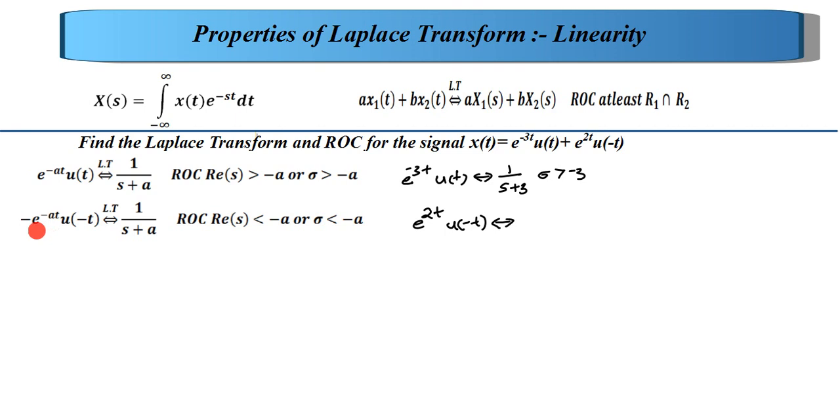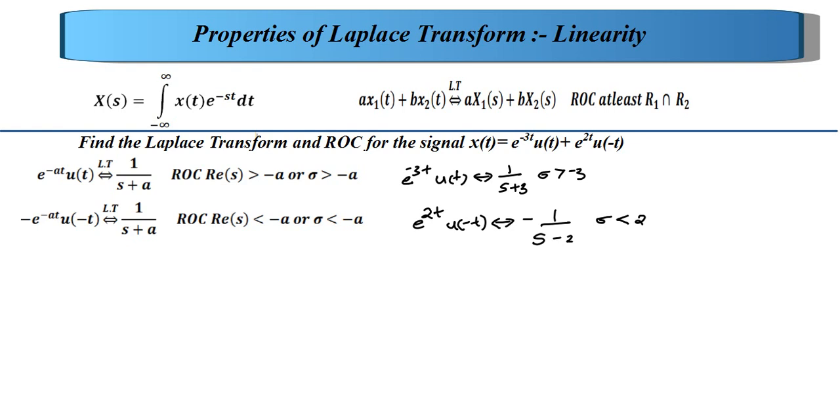Here there is no minus, so definitely there will be a minus on the right side. Another point, here it is minus a, here it is plus, so the result will be like this: 1 by s minus 2, and the ROC will be sigma less than 2.